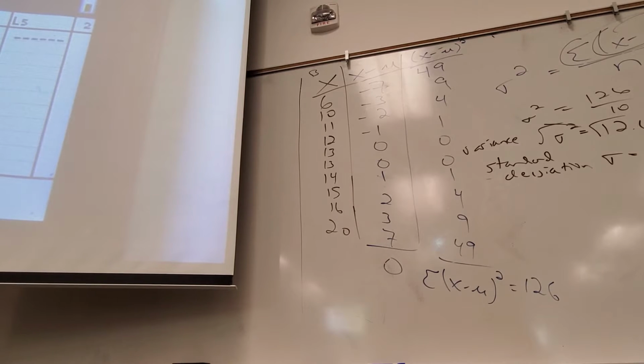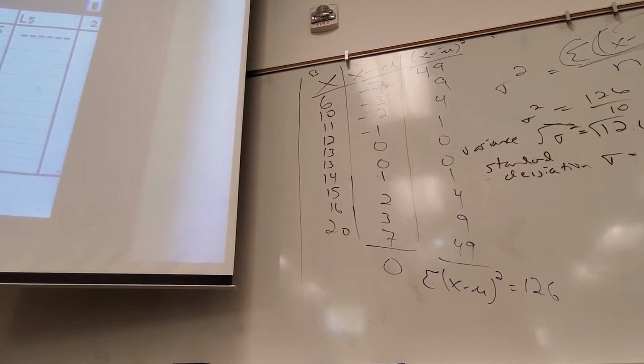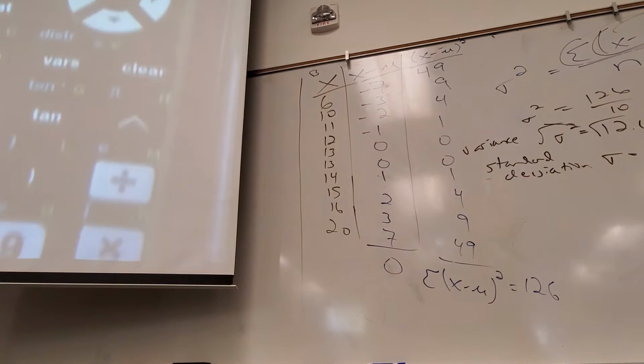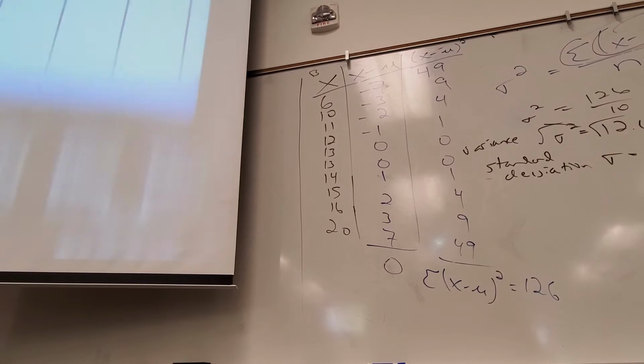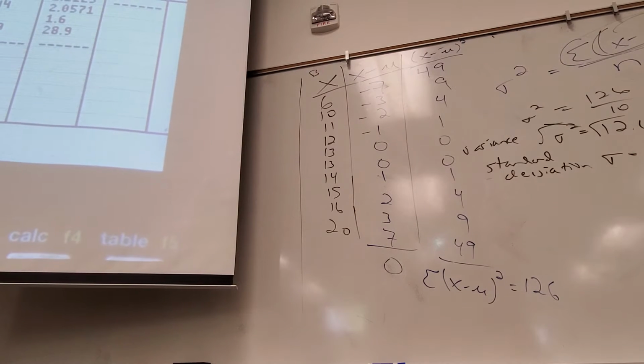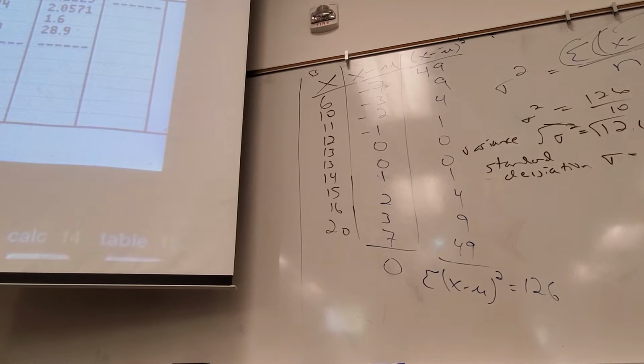So if I go up to L2, I want L2 to be the x's, which are in L1. Second 1 to get L1. Bam. L1 minus the mean, which is 13. Let me know if you have trouble with that. Let me do it again.